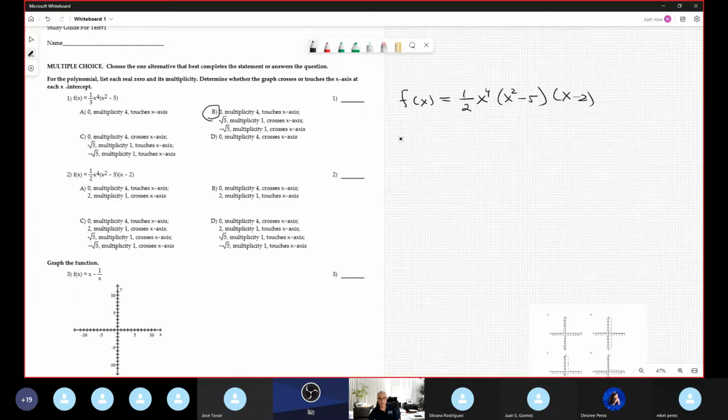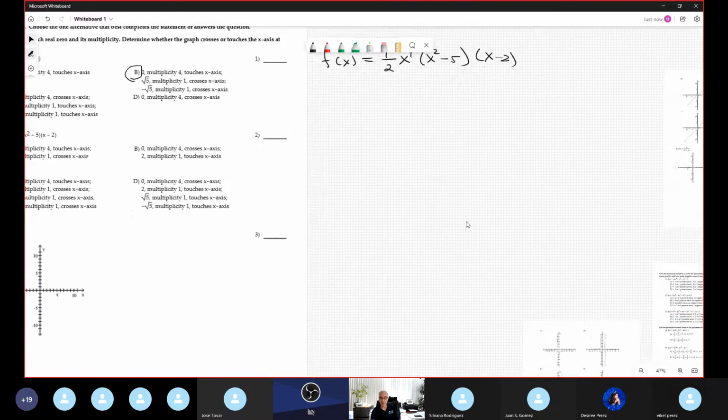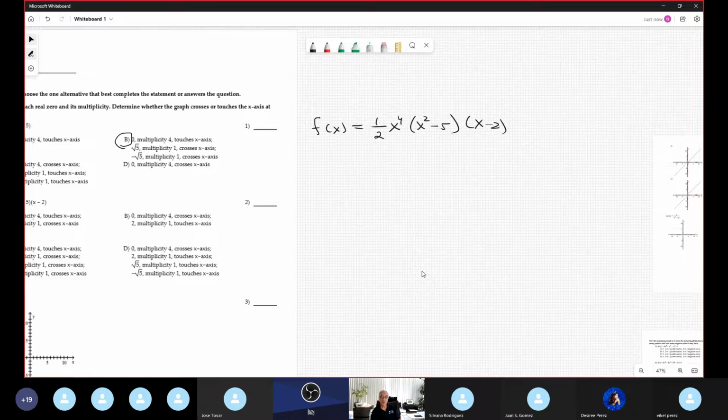Again, this polynomial is expressed in factored form. Somebody did the job to factor this polynomial. Now you set it equal to 0 because the problem says compute the zeros and classify multiplicity. Now again we have x to the 4 equals 0. This is equivalent to say x equals 0 with multiplicity 4.